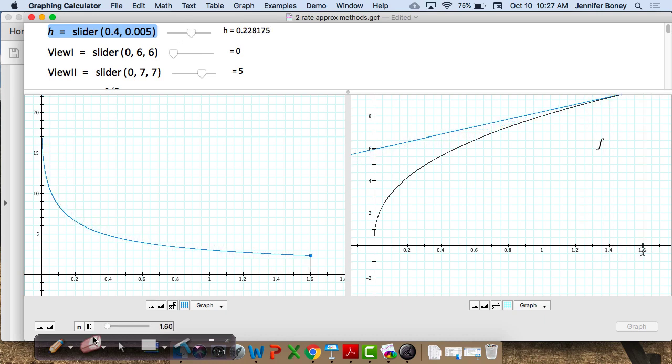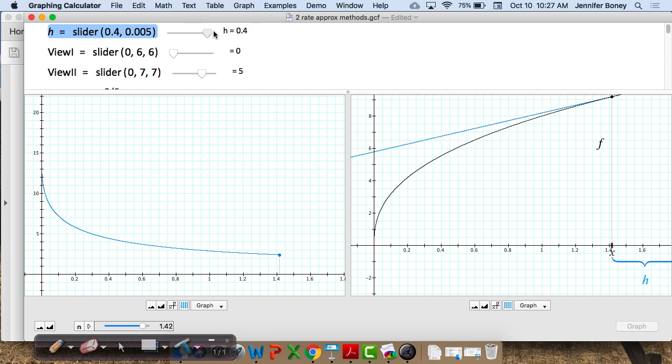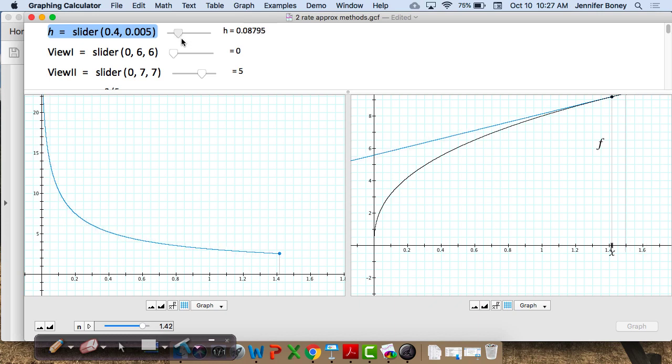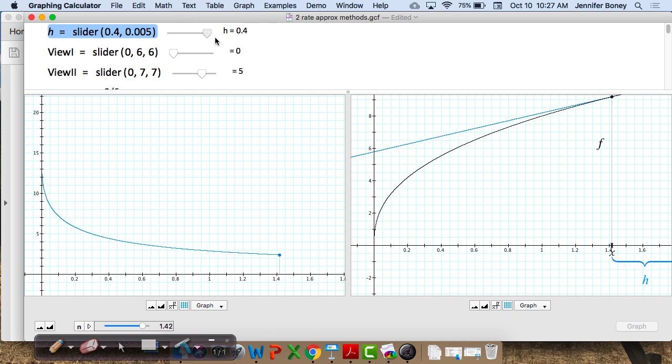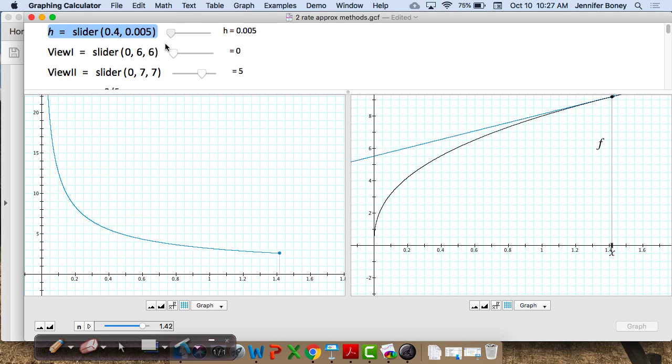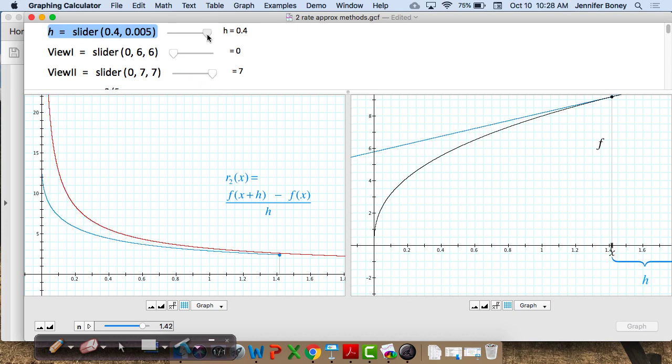So when I have a larger h value, this is a more approximate rate graph you can see on the left. If I make the interval length h smaller, I've got generally the same sort of graph with different values, but the smaller h is, the closer to exact this rate of change graph is going to be.